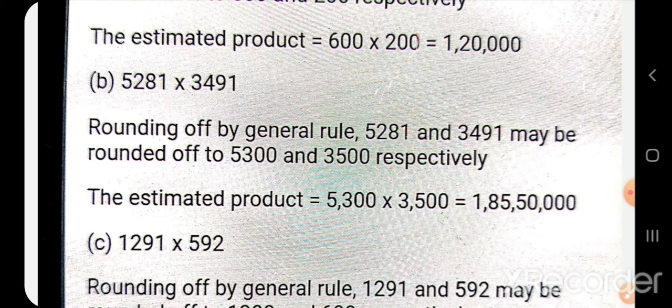So rounding off by general rule, 5,281 and 3,491 may be rounded off to 5,300 and 3,500 respectively. 5,281 comes between 5,200 and 5,300.